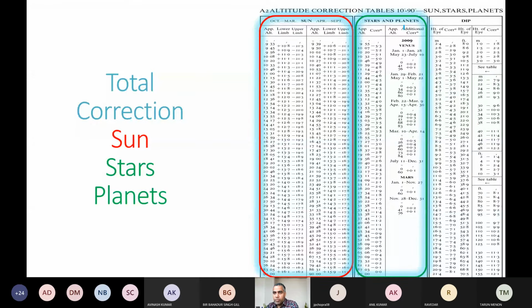Now, important thing to remember here is that when you are applying the total correction for Venus and Mars, remember that this additional correction is additional to the normal correction. Normal correction will be applied for sure, additional correction will be applied extra along with it. Don't forget to apply the normal correction.